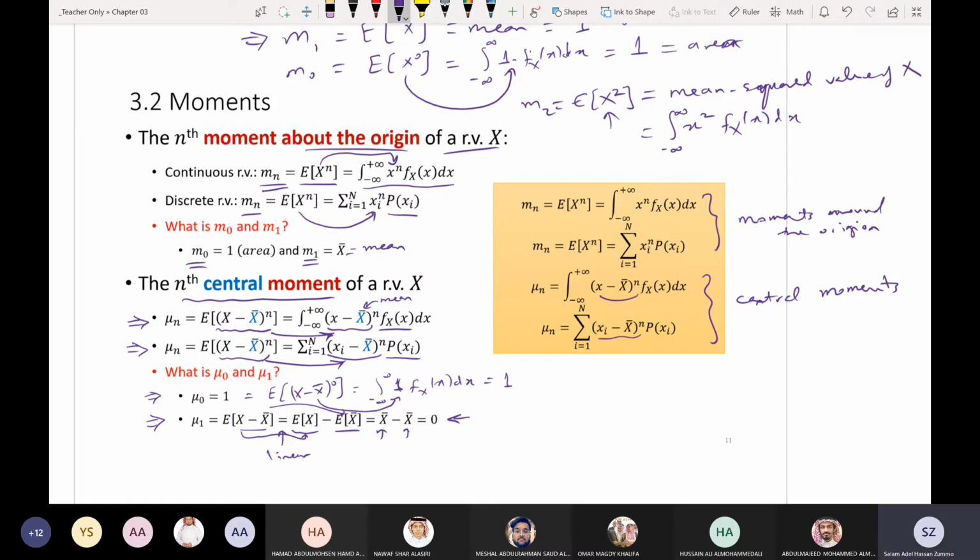What does this give us when we subtract the mean? It gives us some information about how variable the random variable is around its mean. Some central moments give us a spread around the mean. Some others give us a skewness, as we'll talk about in a minute.